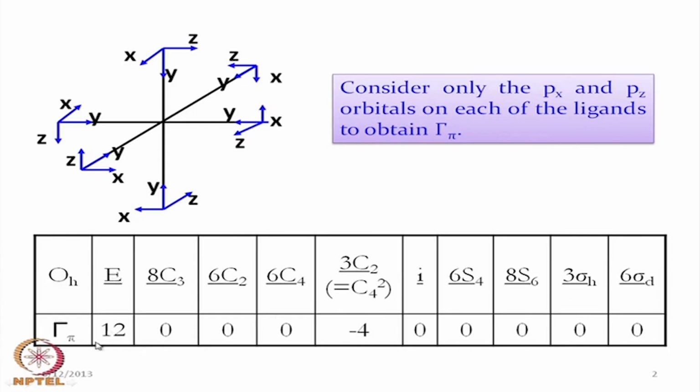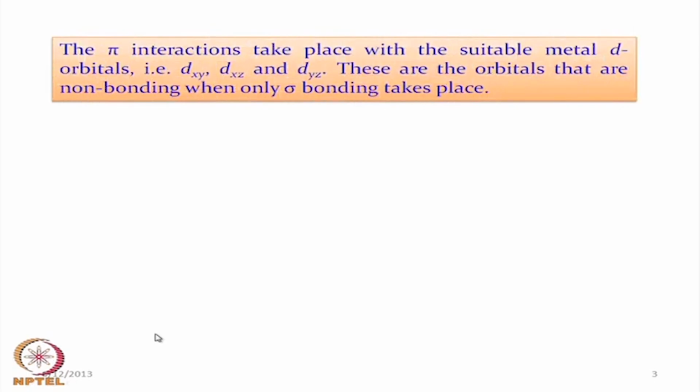This number 12 is nothing but the 12 orbitals we are using for the construction of the pi interactions with the metal center. So, these 12 orbitals from the ligand side will be involved in the formation of pi bonding interactions with the metal, and we can see how these pi interactions take place with the metal d orbitals.